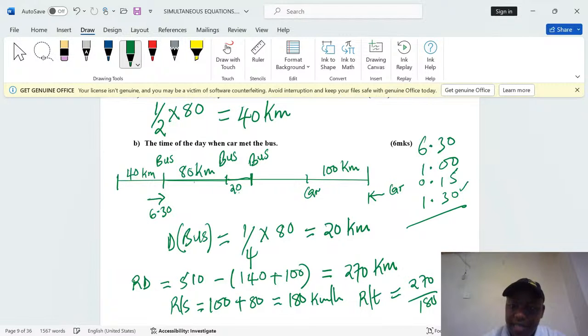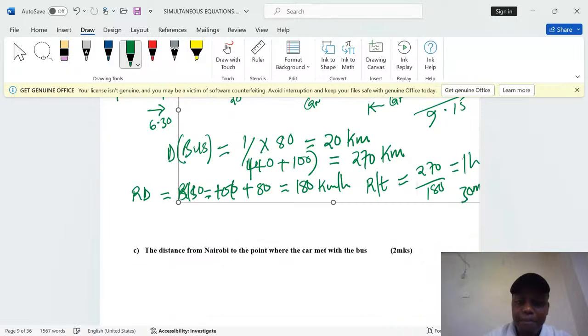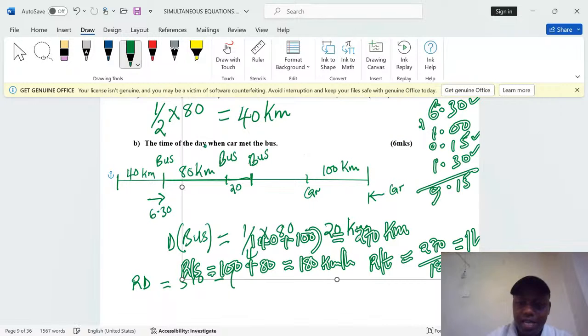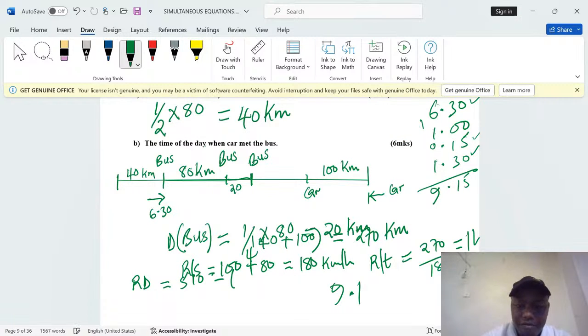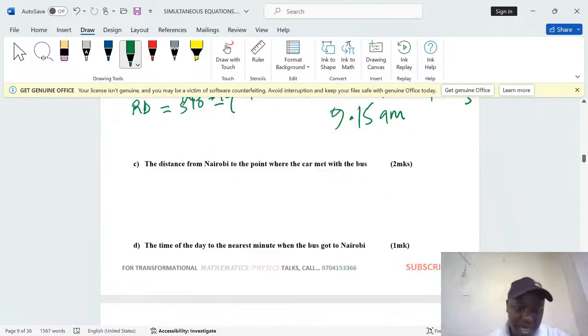Therefore, we have 30 and 30 giving us an hour, then 15 minutes here. So 15 minutes and we carry 1 hour. 6 plus 1 plus 1 plus 1 will give us 9. So 9:15 a.m. is the time of the day when the two met.